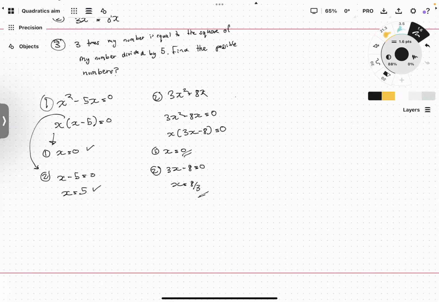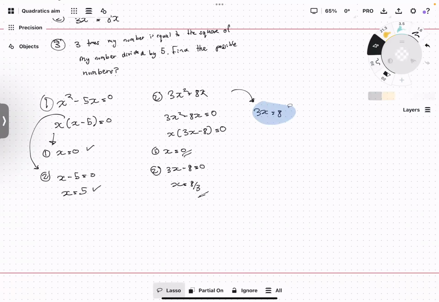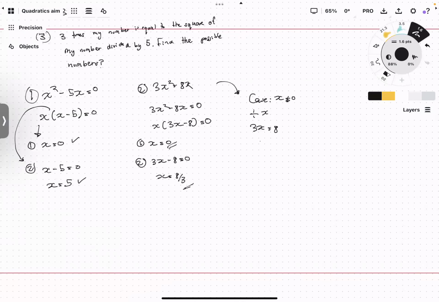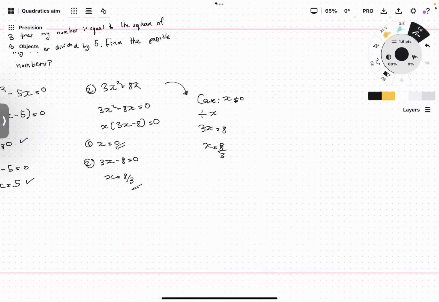If you do this by dividing by x, you'll get 3x squared is 8x. So you divide by x on both sides, you get 3x is 8. But when you divide by x, you have to consider that x can't be 0. So that's your first case. Then you get x is 8/3 immediately, but then you have to check the case for x equals 0.